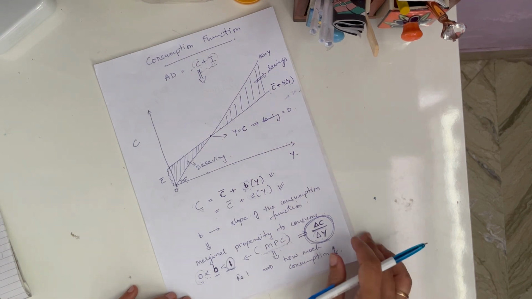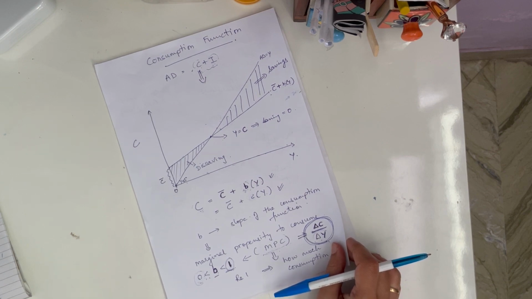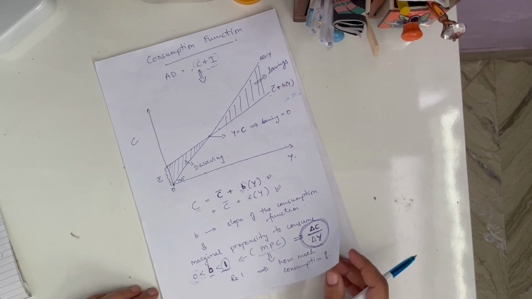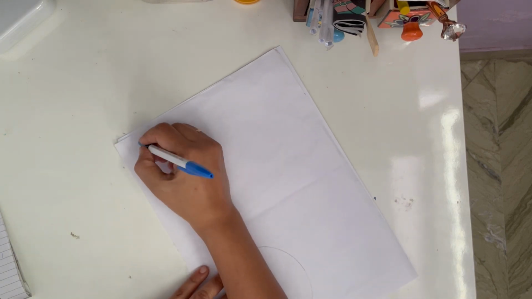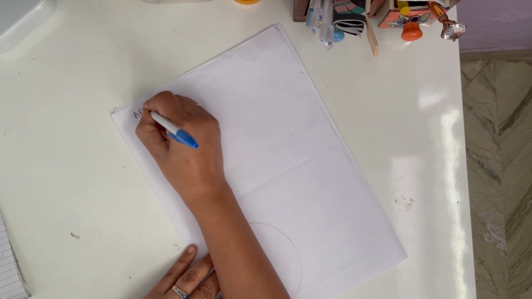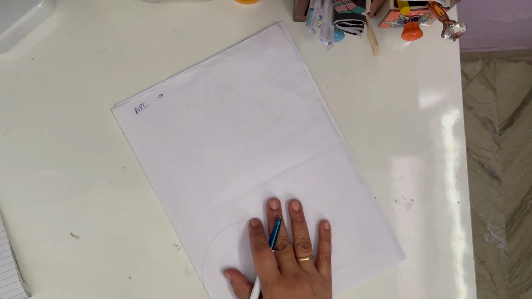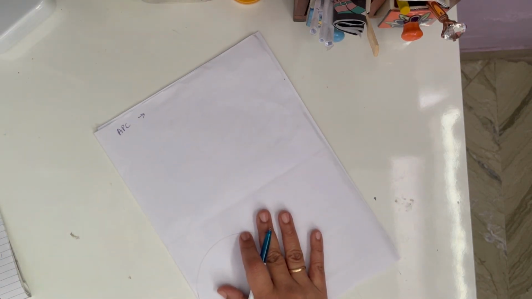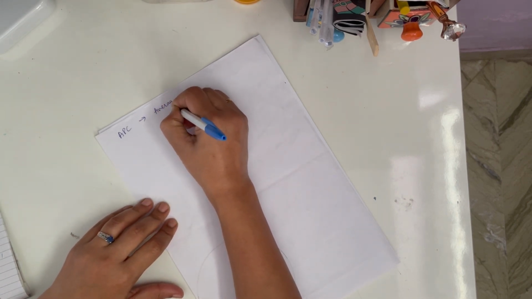Then we have another concept, which is called APC, your average propensity to consume.